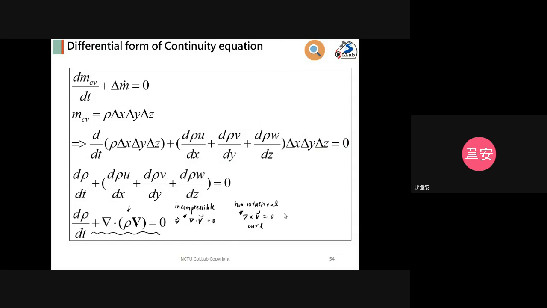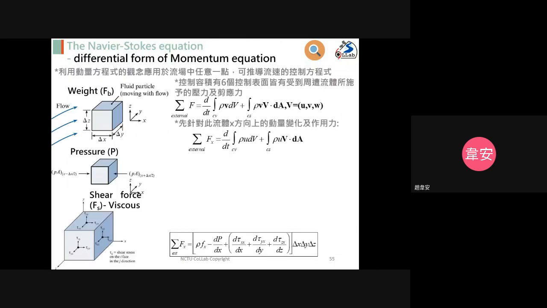So now we move to the slide related to the differential form of the momentum equations. If we would like to understand the differential form of the momentum equations, we need to pick up one fluid particle, and this fluid particle is very small. So we have delta x, delta y, and delta z.